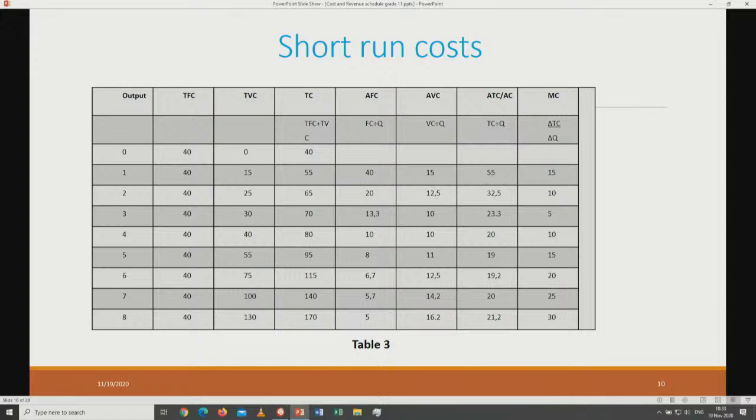Now, let's look at the calculation of the average variable cost.